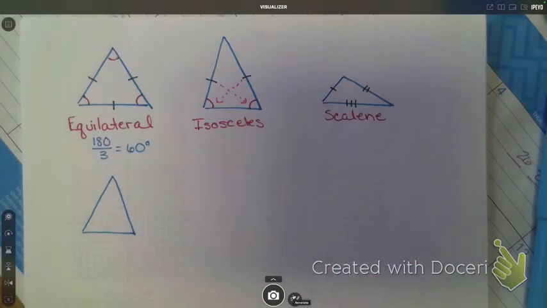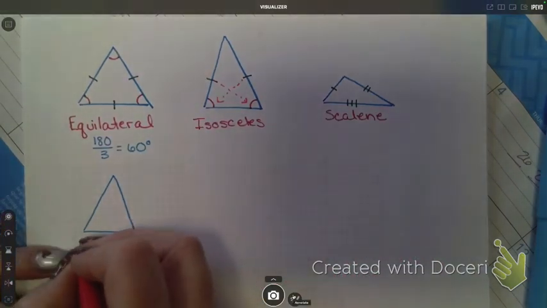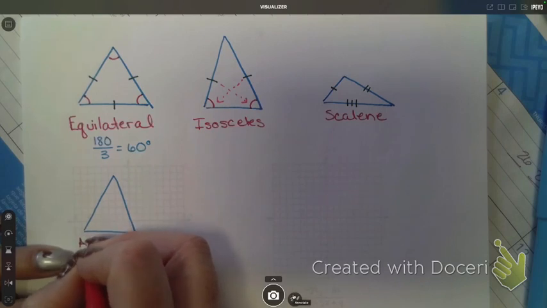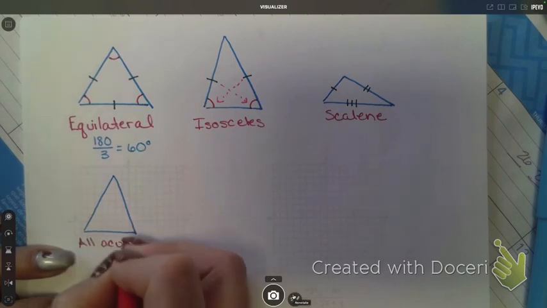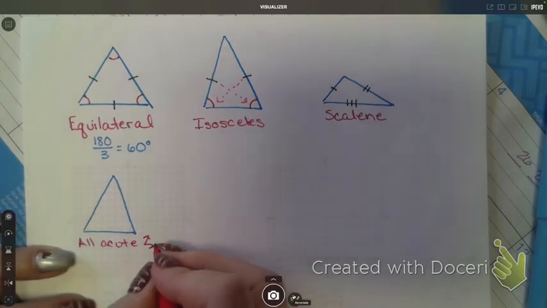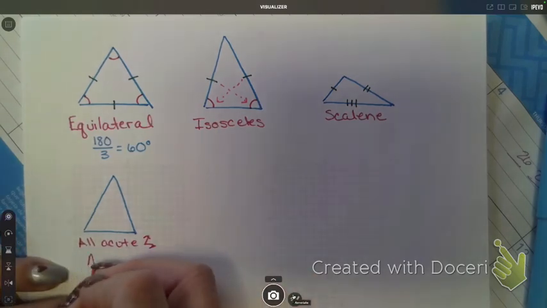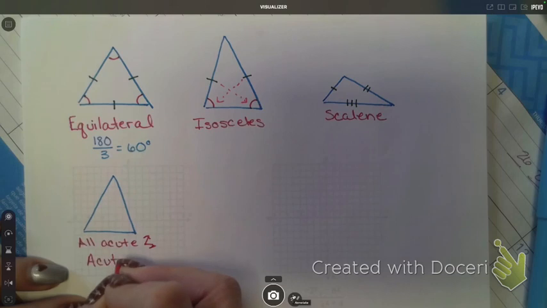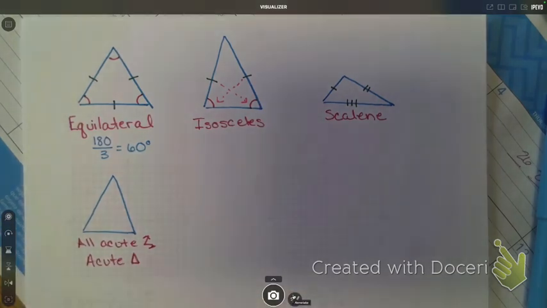They're all acute. So it's a what triangle? An acute triangle. Okay, so we got an acute triangle.